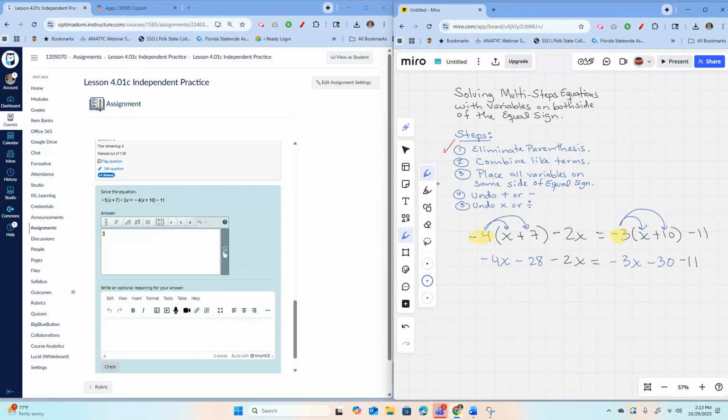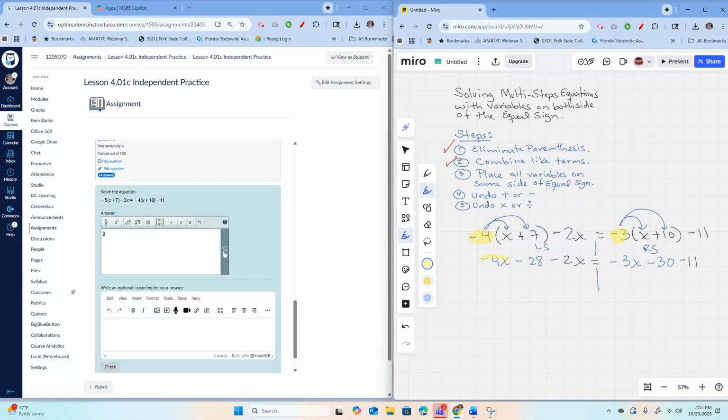Step number 2, we're going to combine like terms. Don't forget that the equal sign splits the problem into 2 sides, left side and right side. On the left side, I hope you notice we have 2 terms, anything that is separated by pluses or minuses.